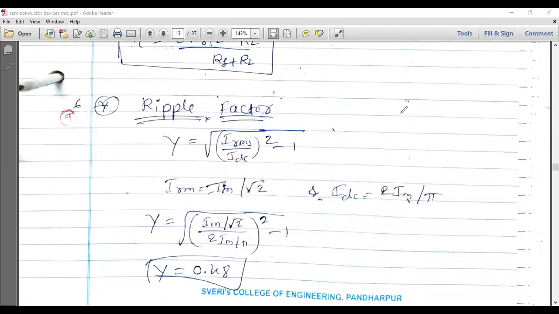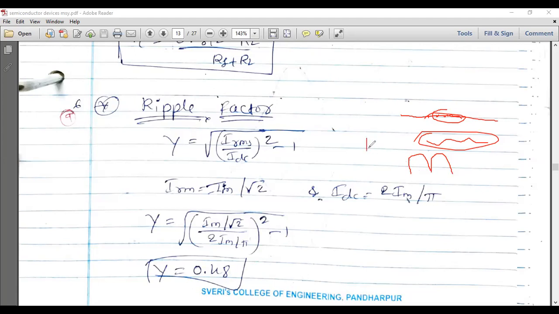See, the ripple factor will become zero only if it is a complete straight line. Here ripples are there, there is some variation, increasing, decreasing, increasing, decreasing. It has also some ripple factor, but it is reduced compared to before.